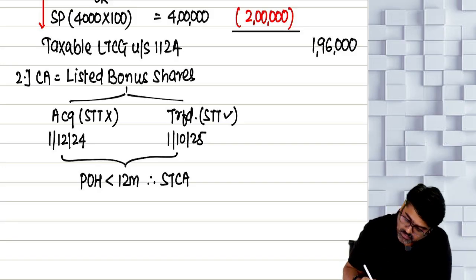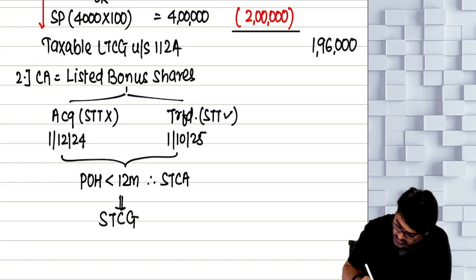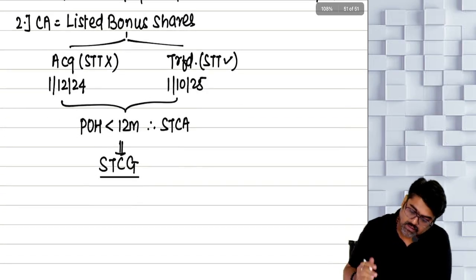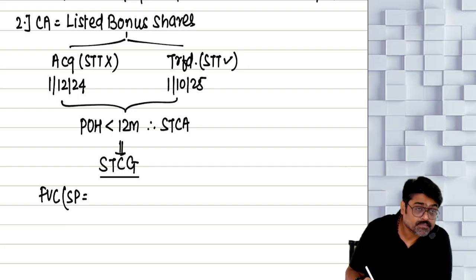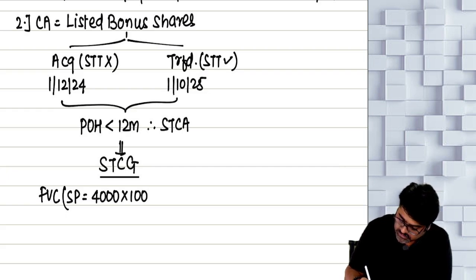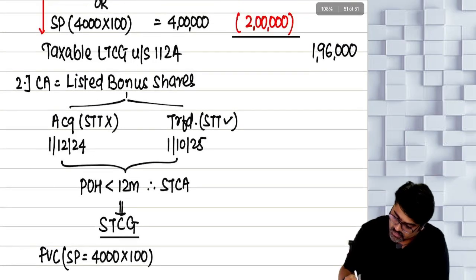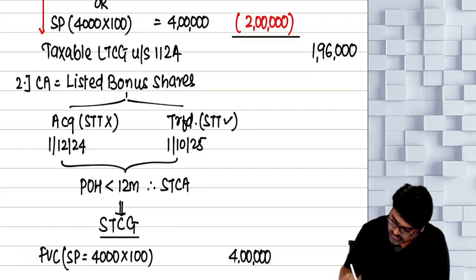Understood? So now tell me, will you calculate the short-term capital gain? So the short-term capital gain you are going to calculate. Now to calculate this short-term gain, what are you going to do? First you are going to take the full value of consideration, which is nothing but the selling price. How much selling price? 4,000. On how many shares? 100 shares. So it will be 4 lakhs. Done, sir.